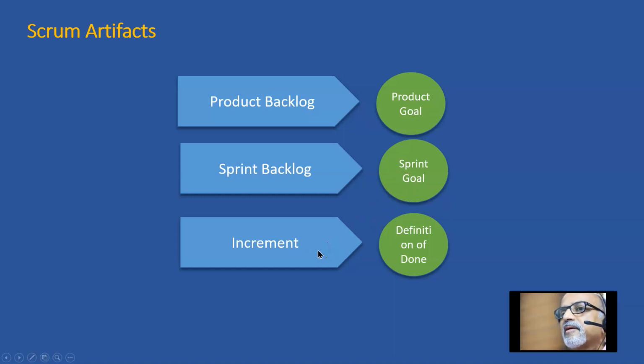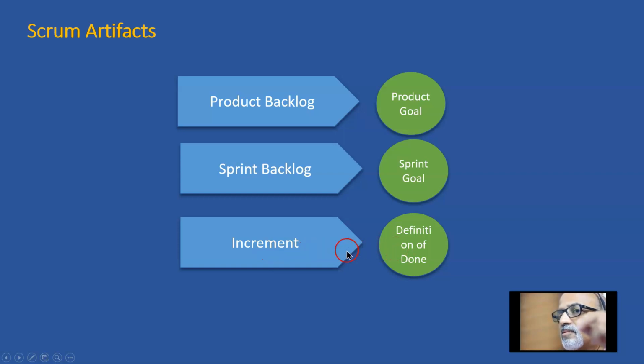Then the sprint increment. It is about the work we are completing within the sprint. That means the development work that happens within the sprint, or the increment of the product that is happening within the sprint, is driven by the definition of done.